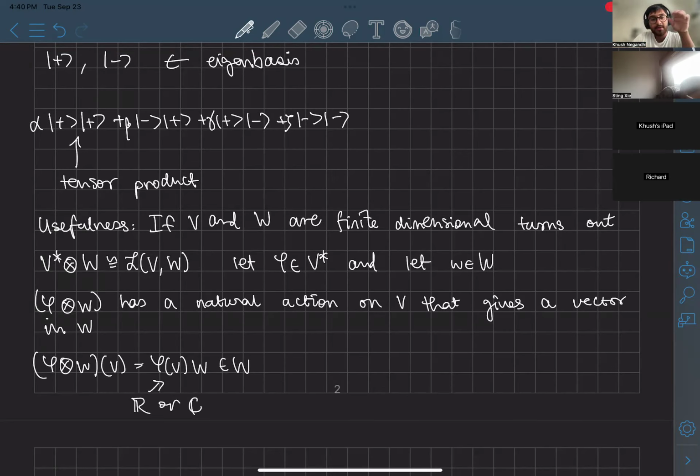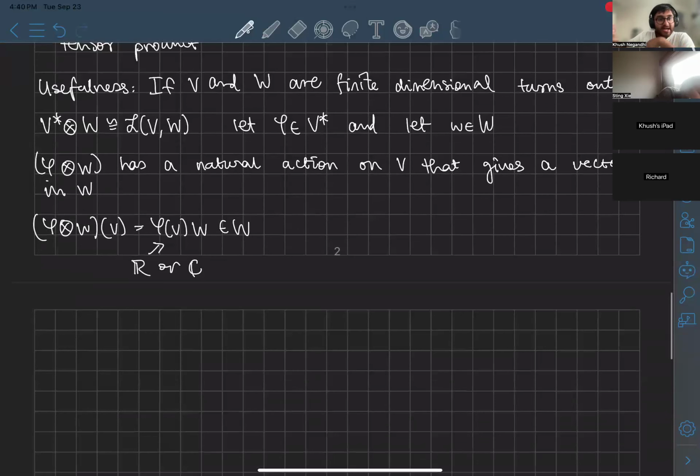So doing it this way, if you have a pure tensor product, you can define a natural action on vectors in V by multiplying by the dual part and then multiplying that into w.